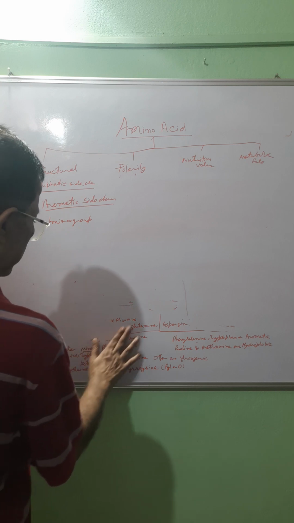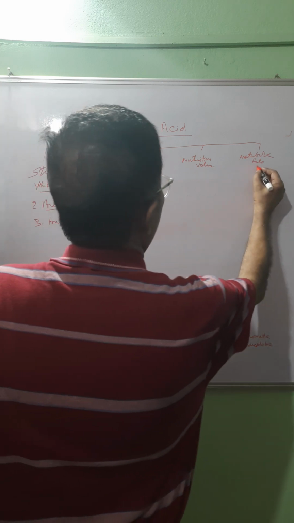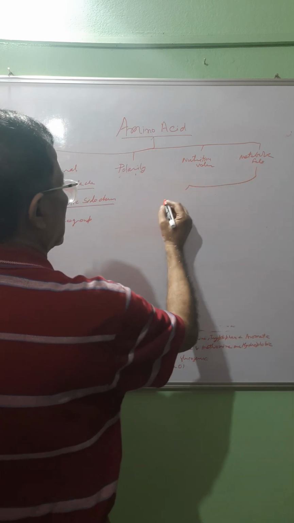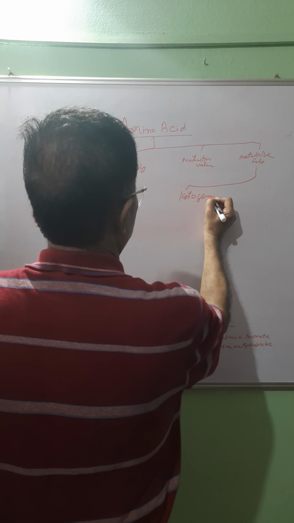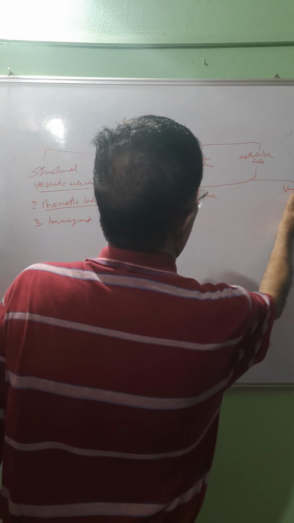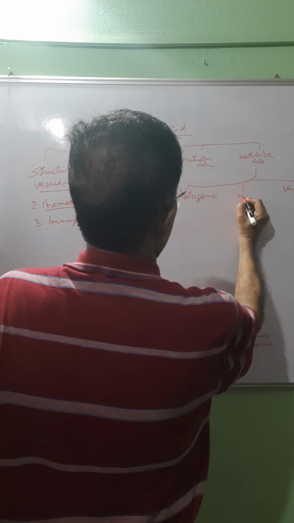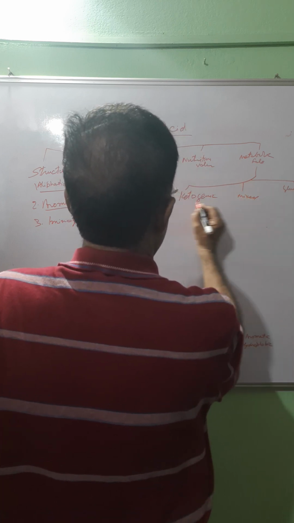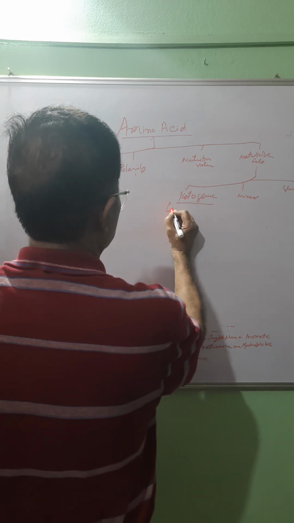Then metabolic fate. What is metabolic fate? Some are ketogenic, some are glucogenic, and in between there is mixed. In ketogenic there are leucine and lysine.